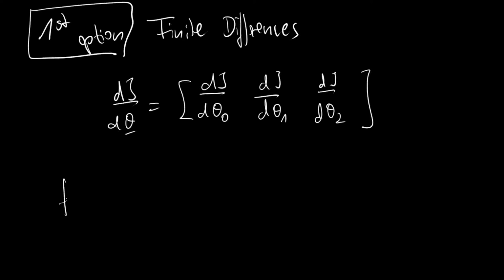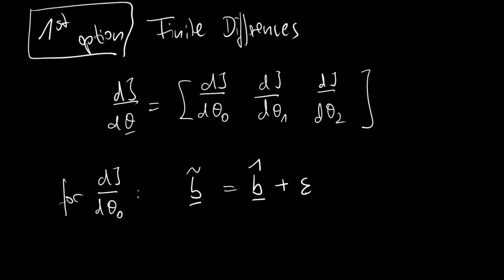So for instance, for the first entry, so for dJ by d theta 0, you would do the following. You would create an augmented right-hand side. I will call this b tilde with an underscore because it's still a vector. And this is given as our current guess plus a small epsilon.